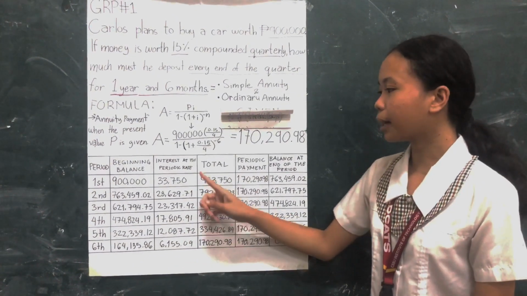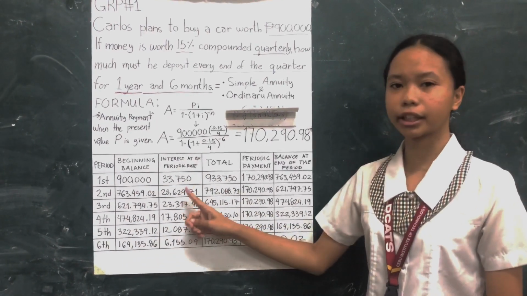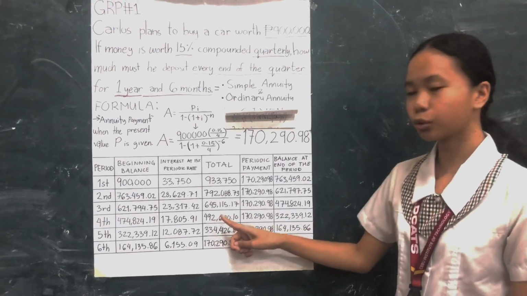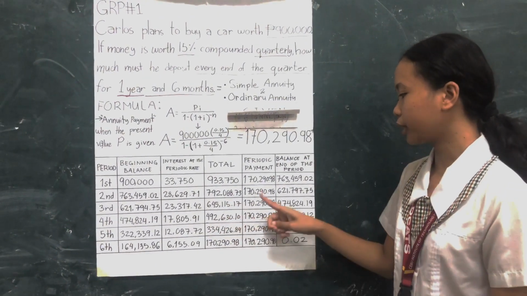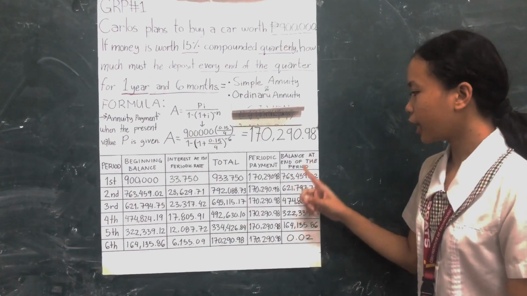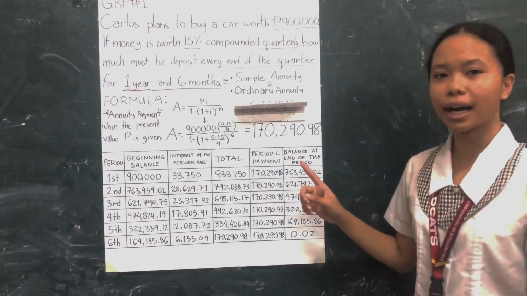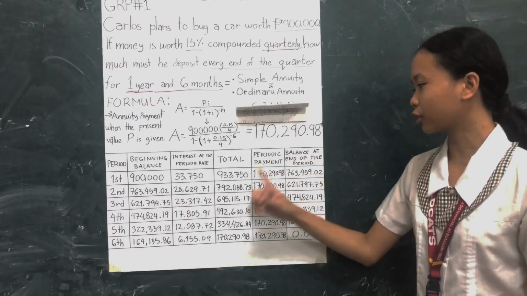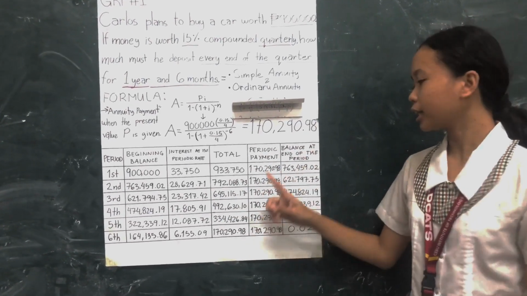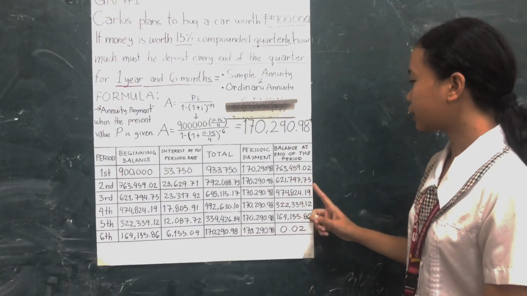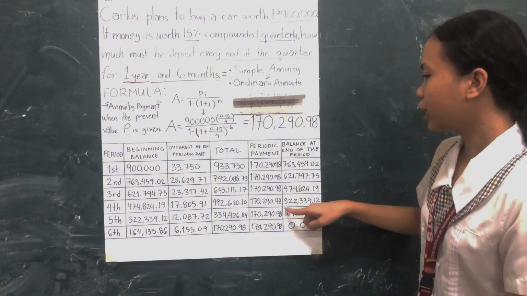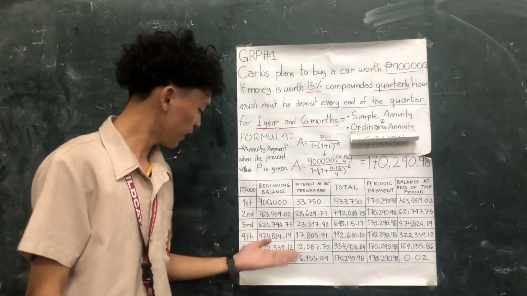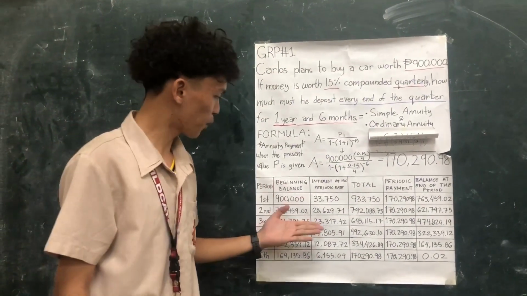We add the beginning balance and the interest so that we get the total, which is 492,630.10. In order to get the balance at the end of the period, we subtract the periodic payment from the total. So we have a new balance at the end, which is 322,339.12.